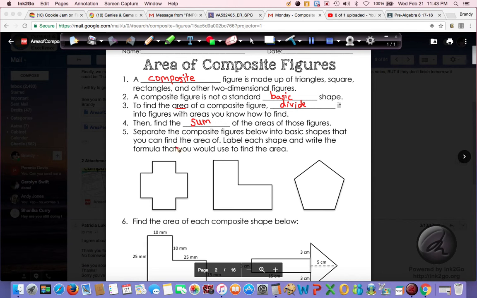All right, number 5 says separate the composite figures below into basic shapes that you can find the area of. Label each shape and write the formula that you would use to find that area. So we're not going to label rectangles and stuff. I believe you guys know that, but we will write the area formula.